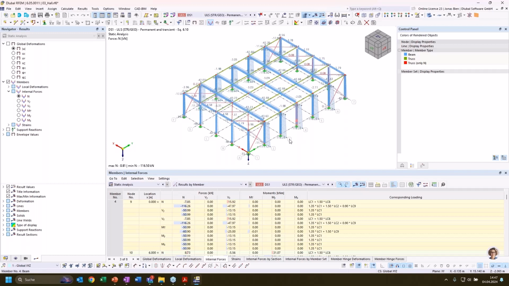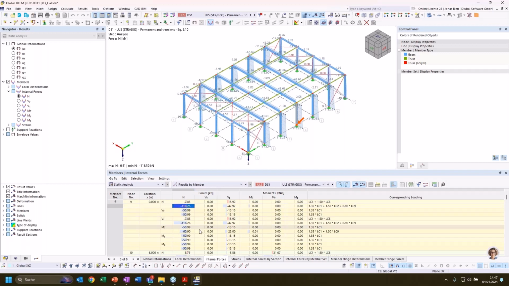I would click the column and I get in this result combination all extreme internal forces for this member. So for example, I get the combination of internal forces with the highest axial load, including the sign, and the lowest axial load.